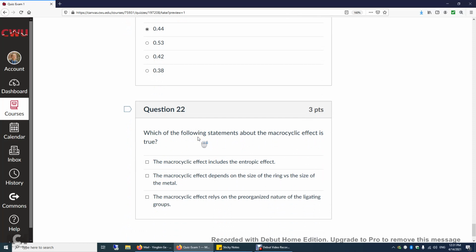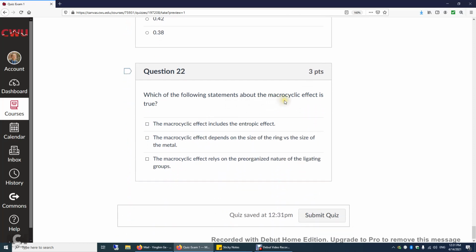Question 22. Which of the following statements about the macrocyclic effect is true? So you need to form a really big ring with multiple points of attachment.